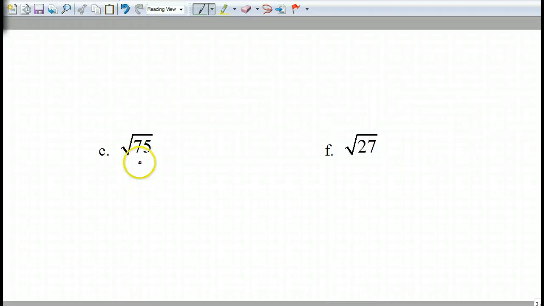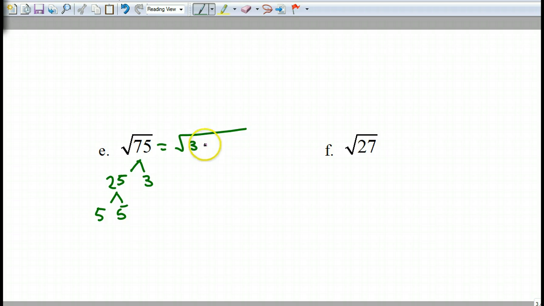Sure. So 25 and 3. So that would be 5 and 5. So we have 3 times 5 times 5. A pair of 5's. 5 square roots of 3.